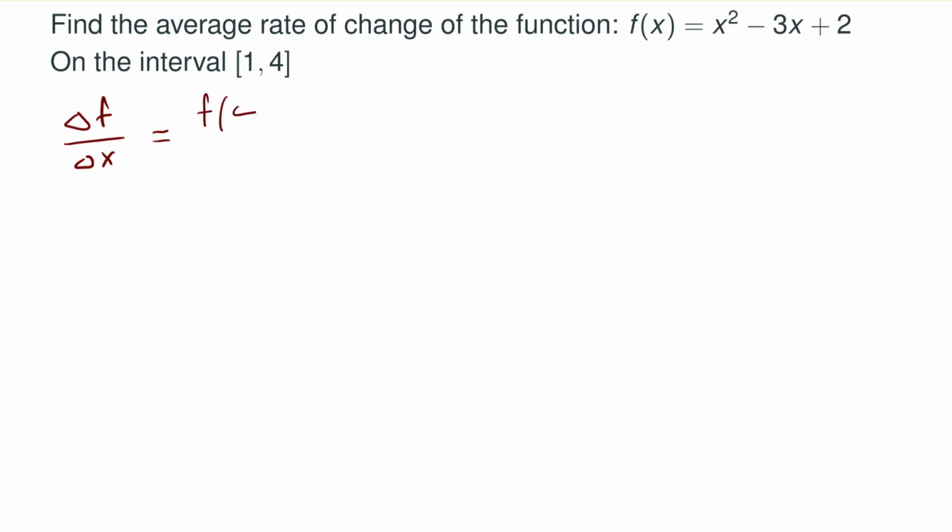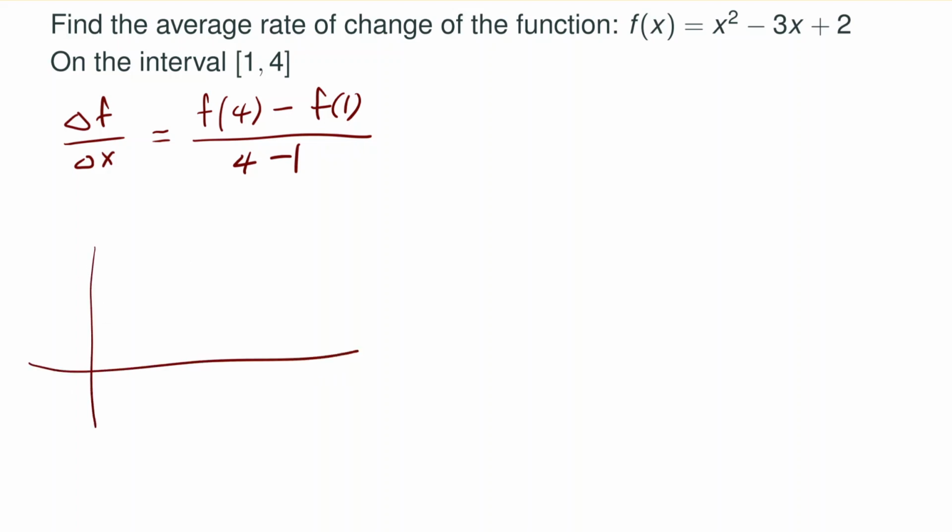So we do f of 4 minus f of 1 over 4 minus 1, which is, again, rise over run. And we don't have to graph this to know the slope. But let me just sketch real quick. If this graph looks something like this, and we're finding between 1 and 4.